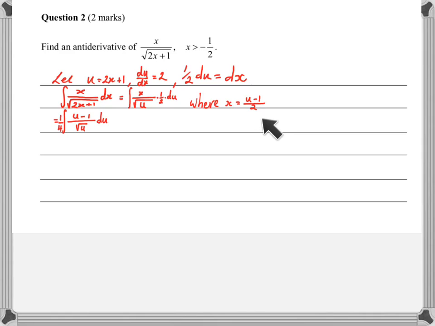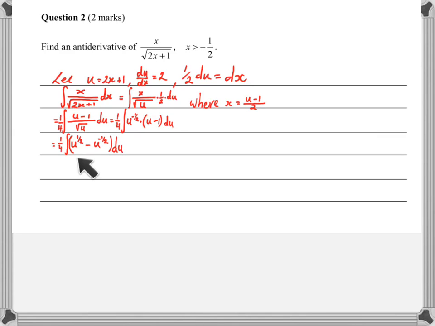And so the half here multiplies with the half there, and we get a quarter. We'll have u take 1 over square root of u. Now, what's another way we could write this integral? 1 over square root of u is u to the power of negative a half. And that's going to be a factor multiplying our numerator, our brackets. Let's expand the brackets.